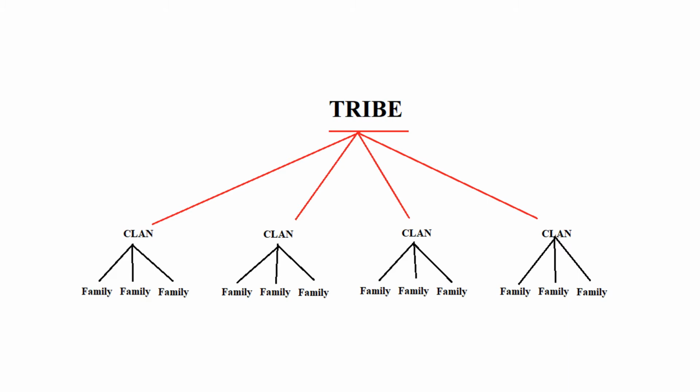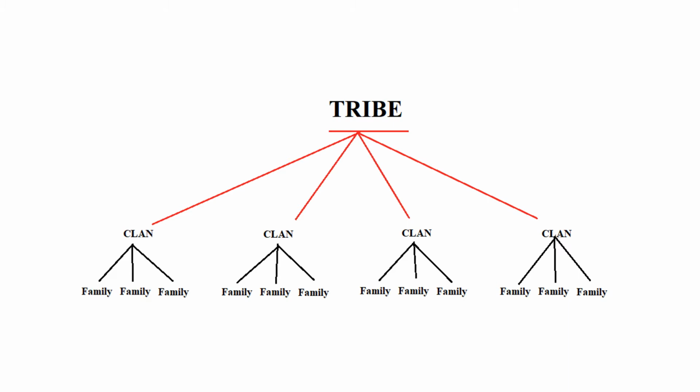And then maybe that third family there, maybe they're cousins too. So they're not all the same family in the same place, but they're part of a much bigger family, and that's called their clan. Well, the way a tribe works is when you have several clans, and each one of those clans is made up of a bunch of different families, and those clans are distantly related, like maybe the ancestors of the people in each of these clans used to be cousins a long time ago.